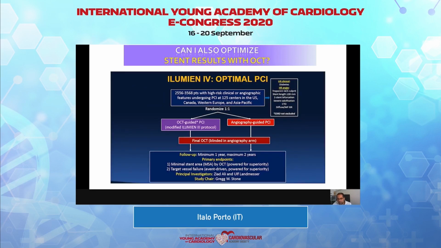This study, the Lumion 4 study, is ongoing and will clarify, because this is a very big study, whether angiography-guided PCI or OCT-guided PCI with a protocol which is based on external elastic lamina measurement is better. We are anxiously waiting for these results in order to clarify whether OCT guidance is needed in complex PCI.